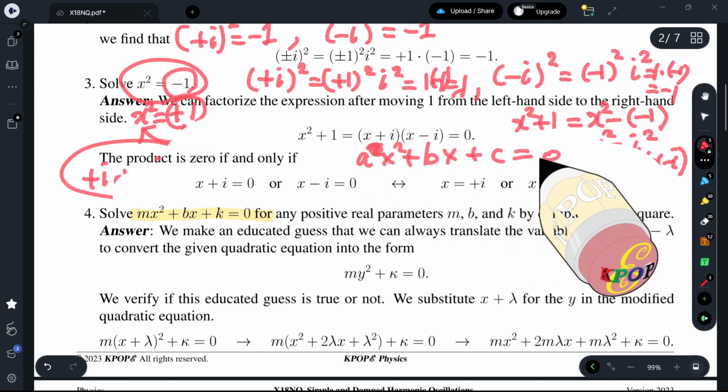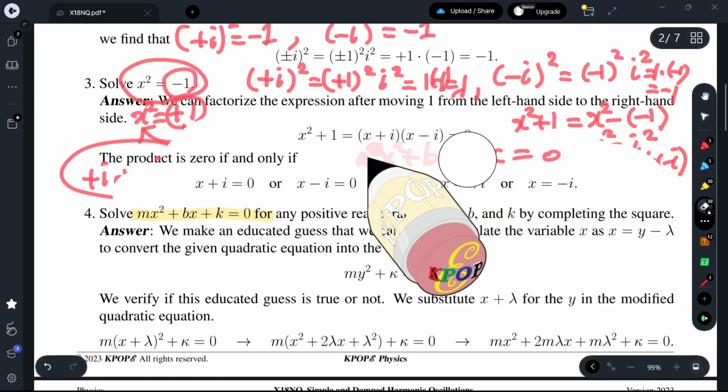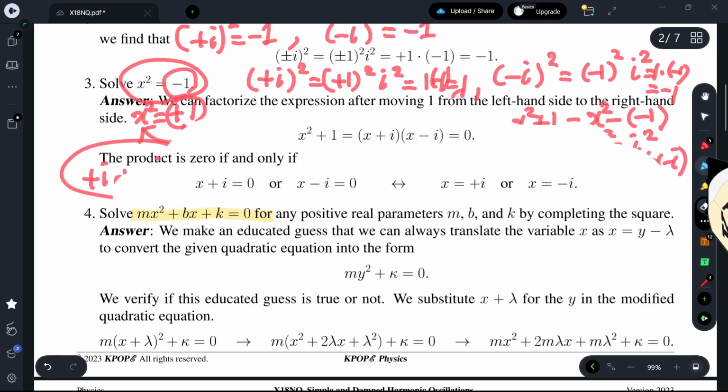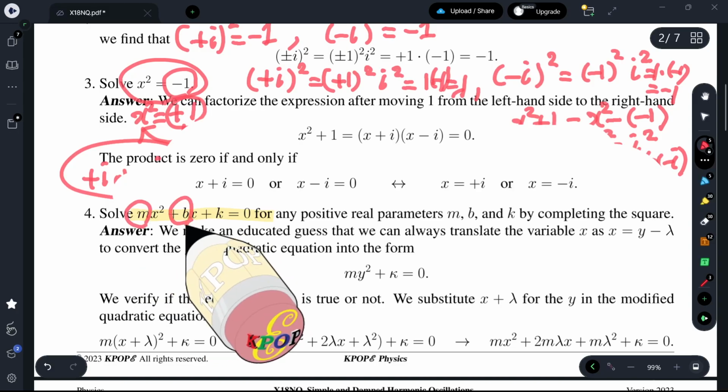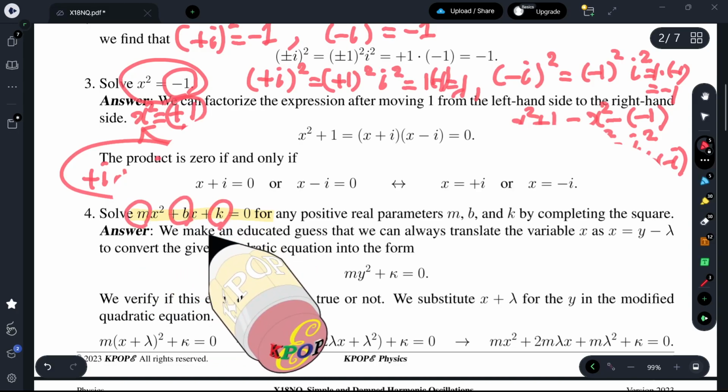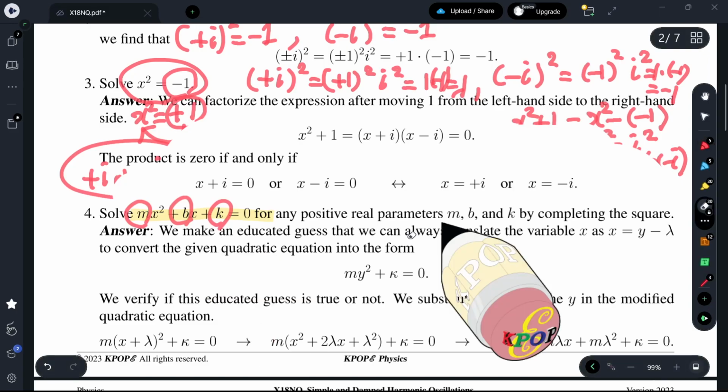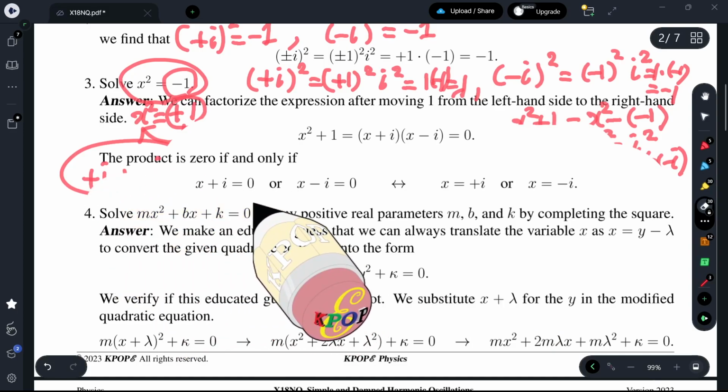But our objective in this class is to study the harmonic oscillator, so it is better to make use of the parameters that appear in the harmonic oscillator. You will find it is convenient.